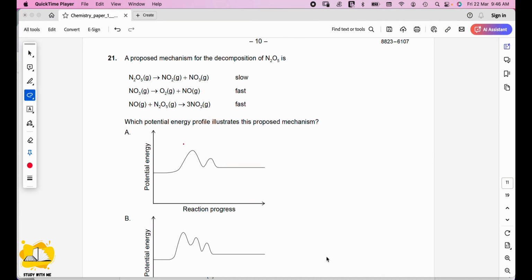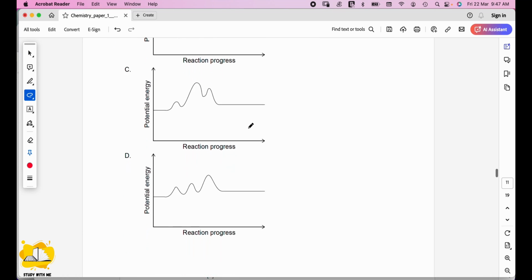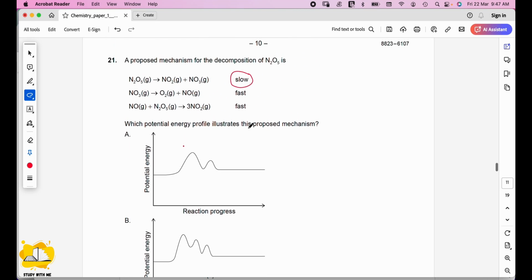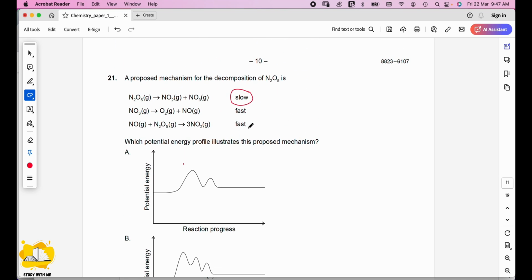Alright, for question number 21, a proposed mechanism for the decomposition of N2O5. For these three reactions, you need to determine the rate determining step, which is slow. So the key is to choose which graph is correct for the proposed mechanism. The first reaction, as the rate determining step, needs more activation energy compared to the other two reactions.